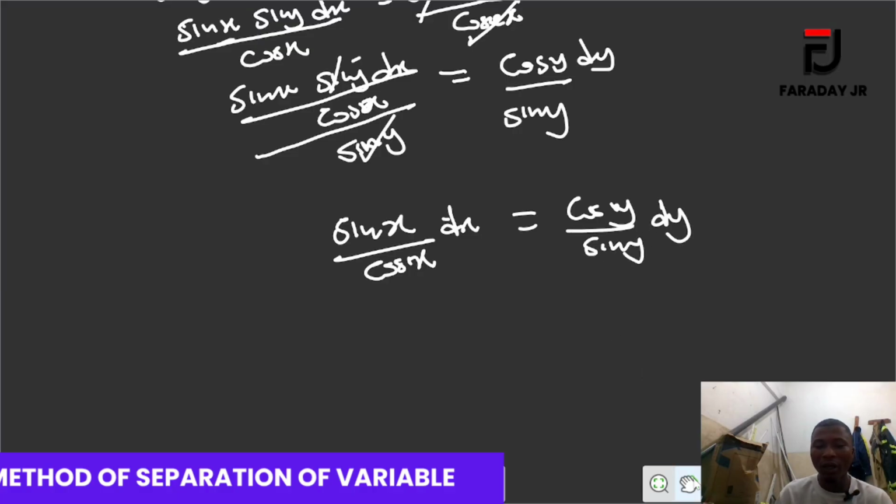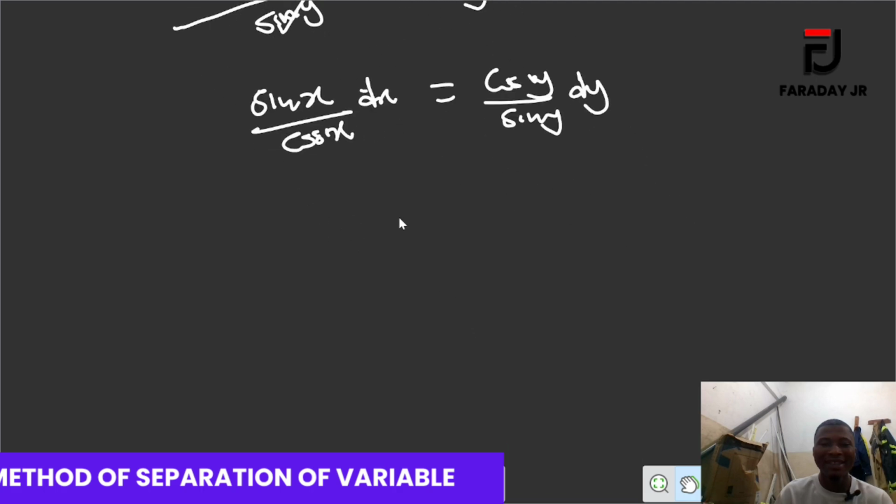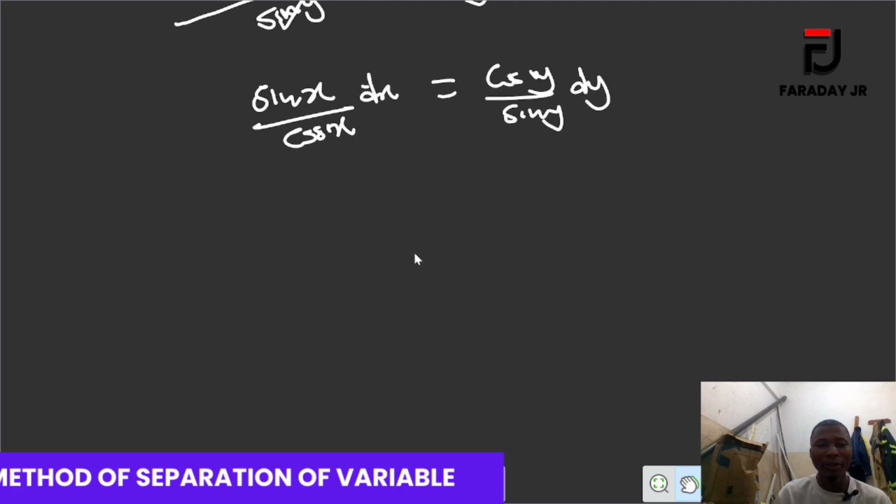Realize that we have been able to separate both sides of the equation. That is, we have the x function on the left hand side and the y function on the other side. Our main goal was to establish the function in this form, with g of x dx on the left and f of y dy on the other side, and that is what we have now.